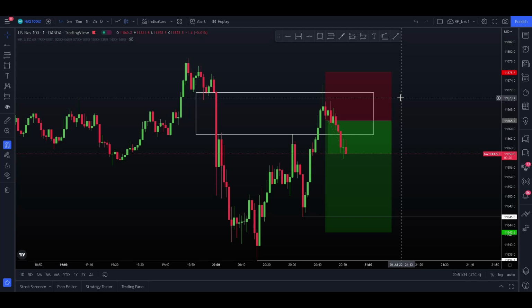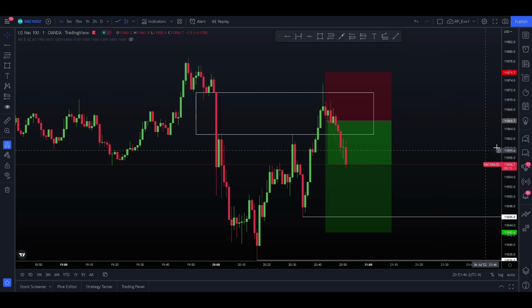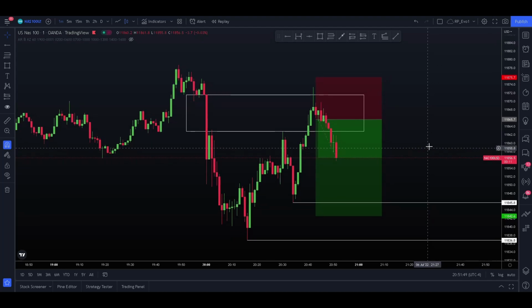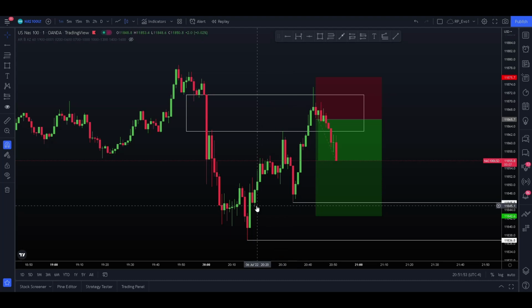This is looking good to me. And if you want, you can really look at these lows as your relative equal lows. Swing low, based on ICT's definition, right?